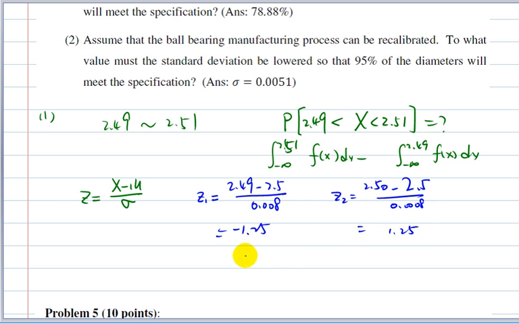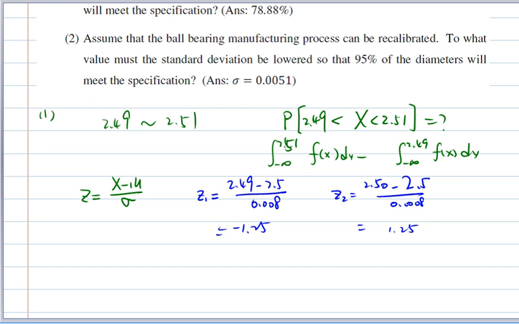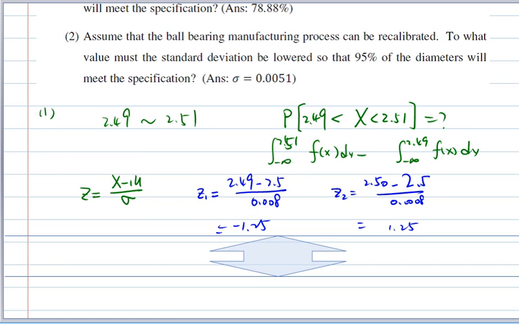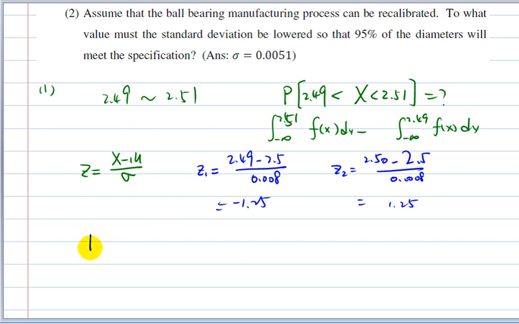So now this is your question: as we said, the probability of this is equal to the probability of this.